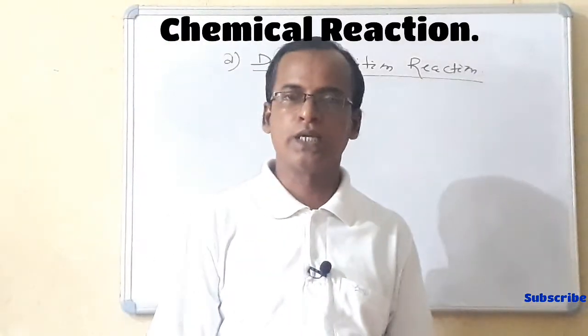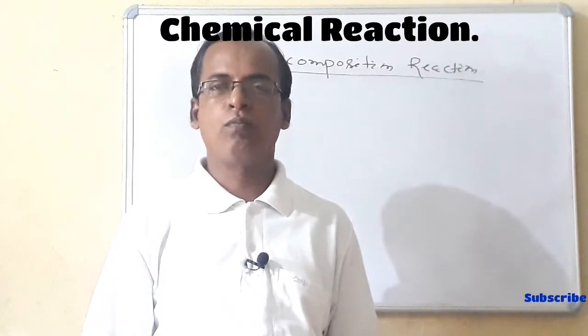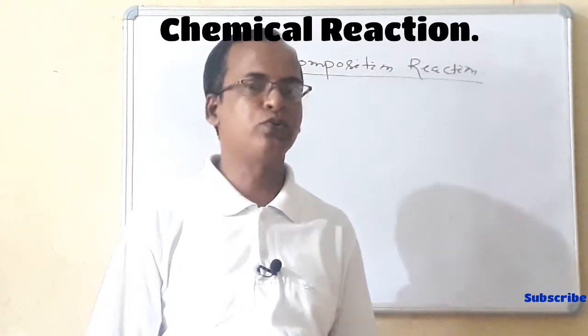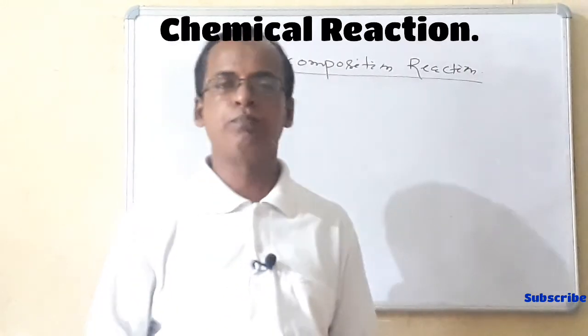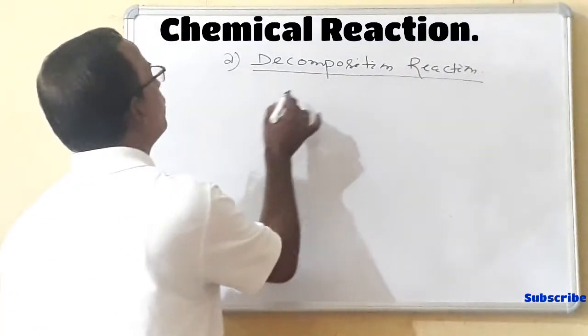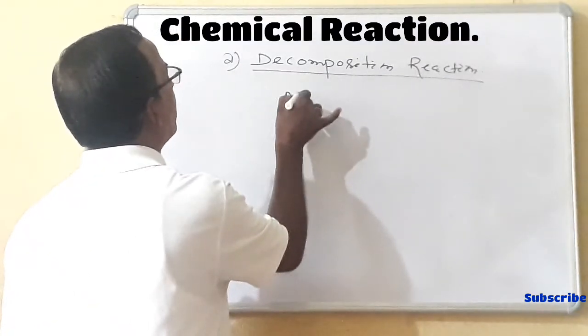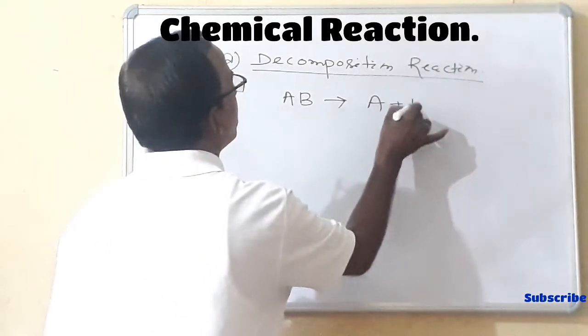A decomposition reaction is a reaction in which a molecule or a compound splits up into two or more simpler substances. That means it breaks up into two or more simpler substances. If one molecule or compound is AB, it splits up into A plus B.